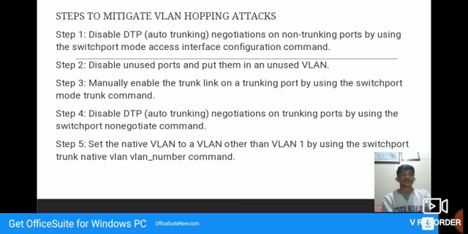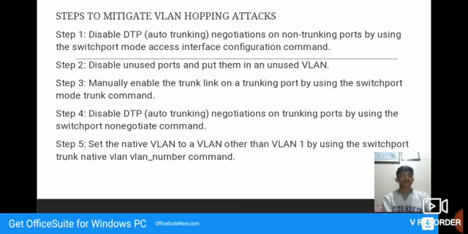Here are the steps to mitigate VLAN hopping attacks. Step 1. Disable DTP auto-trunking negotiations on non-trunking ports by using the switchport mode access interface configuration command. Step 2. Disable unused ports and put them in an unused VLAN. Step 3. Manually enable the trunk link on a trunking port by using the switchport mode trunk command.